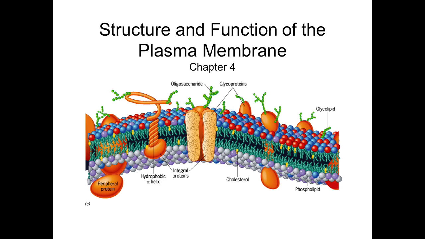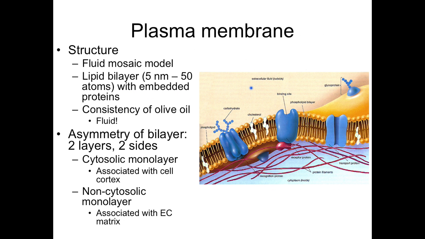So, this lecture will cover the structure and function of the plasma membrane. As you should know, at least the theory of the plasma membrane is known as the fluid mosaic model.